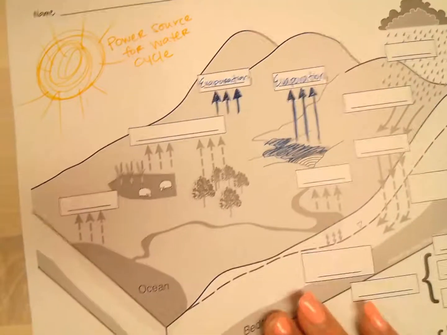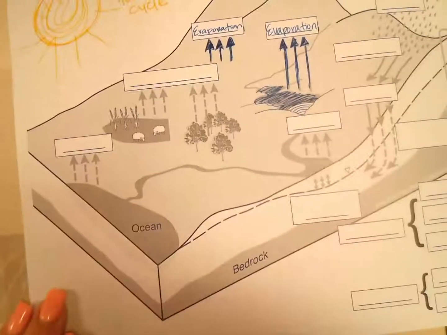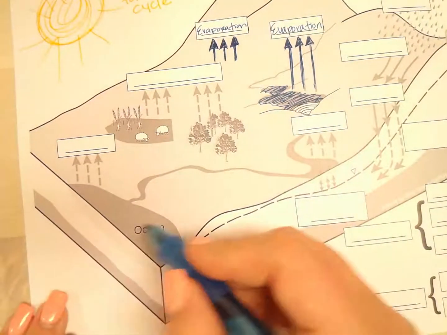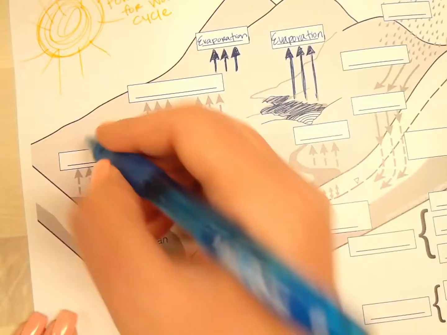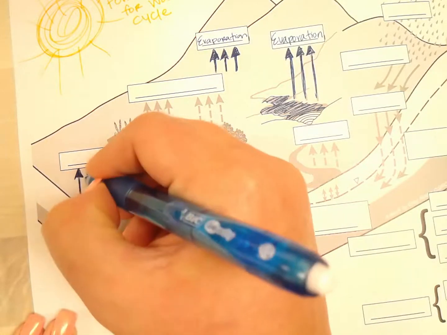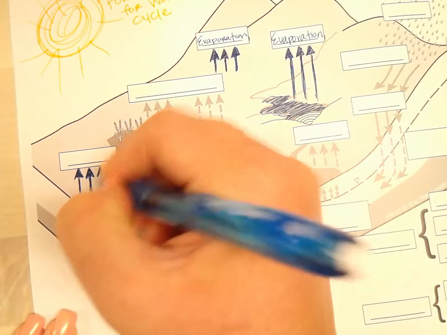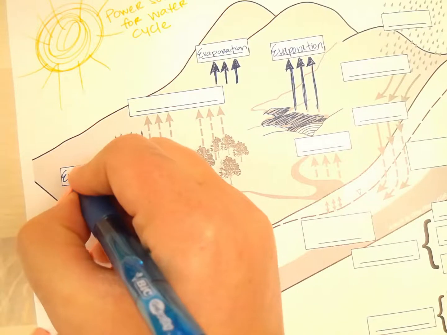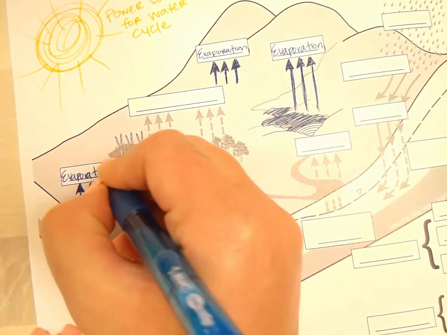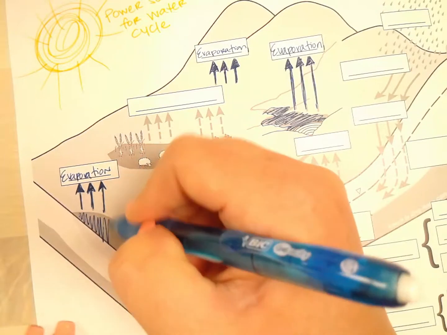So that is also evaporation. Over here we've got our little ocean, maybe down in Corpus Christi, right? We've got our ocean water here, and water can also be evaporated from our oceans, right? That's how a lot of water vapor gets into our atmosphere, through evaporation of our ocean water. And you can shade that blue too if you want to.